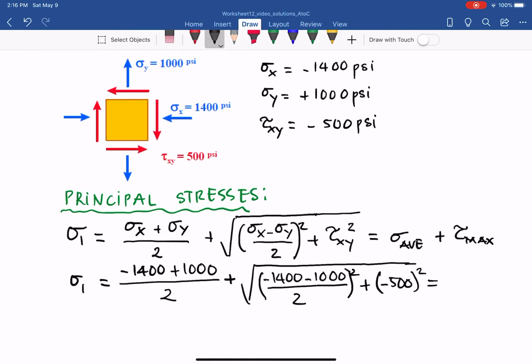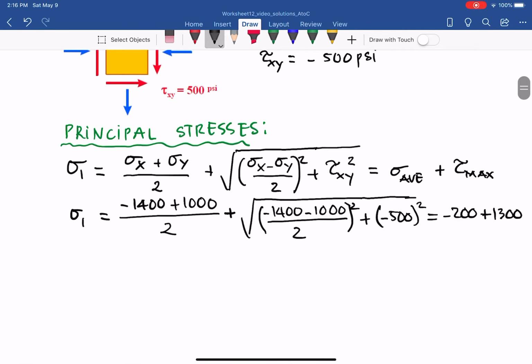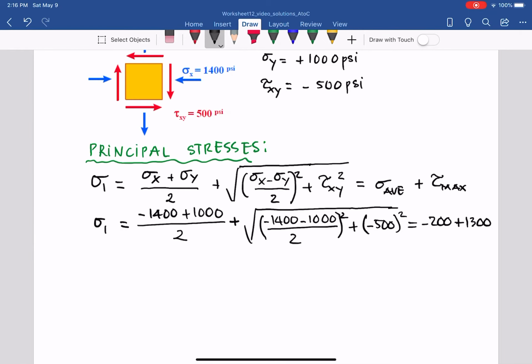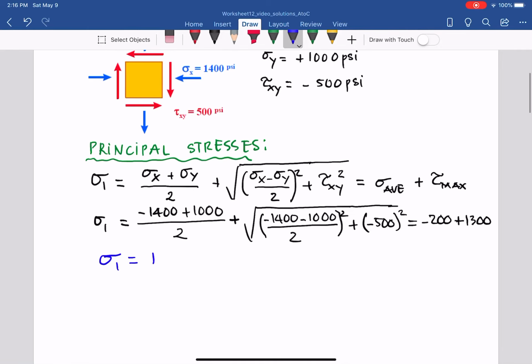We have negative 6,500 plus, in the square root, we got 1,300. So bottom line we have sigma 1 equal to 1,100 psi. One answer.